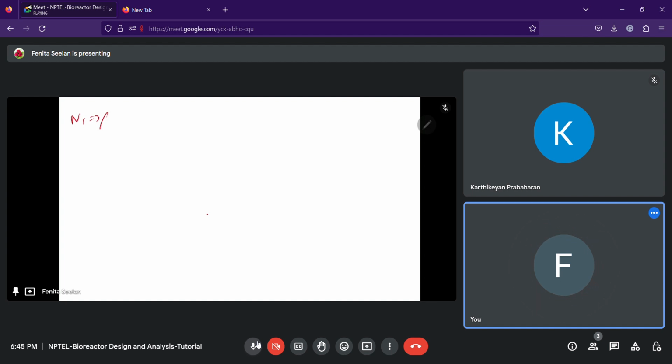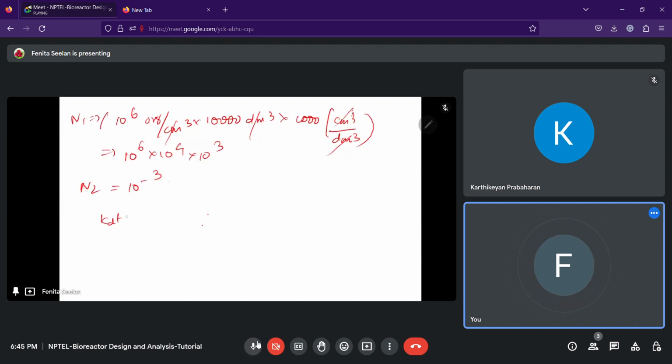So these things will cancel out. So your N2 which is 10 power of minus 3. Your del factor is ln of N1 by N2.